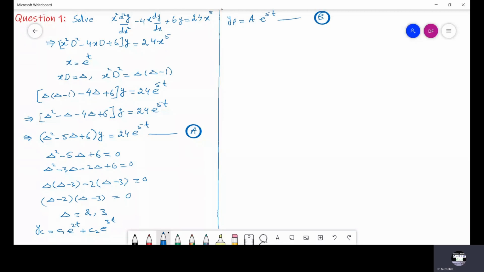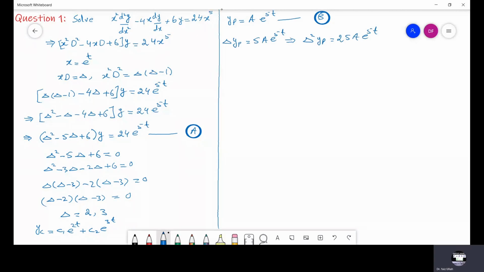Now let us differentiate this. So we have Δyp, which is equal to 5a e⁵ᵗ. And now let us differentiate it again. So we have Δ²y, which is equal to 25a e⁵ᵗ.